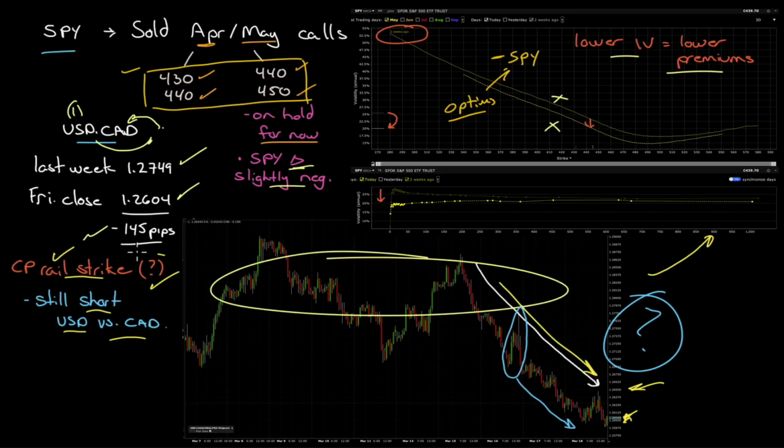But this, I don't know what effect that's going to have. It would not surprise me if it weakened the Canadian dollar. It would not surprise me at all because it is net negative. And it would also not surprise me at all if the US dollar got some strength going into the beginning of the week as we digest the actual hawkishness of the Fed, and especially if the Fed speak next week.